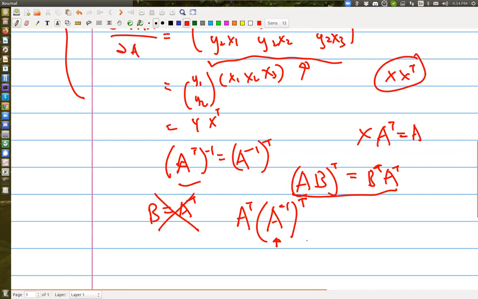This is equal to A inverse A transpose, which is basically just from here. Then this is of course the identity. That means this guy is actually the inverse of this guy, so therefore it's equal to A transpose inverse.